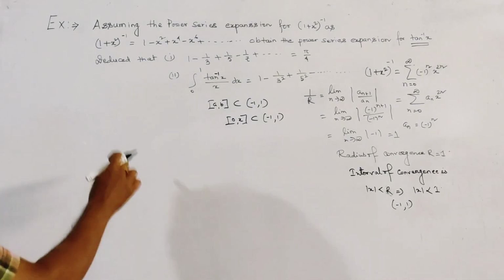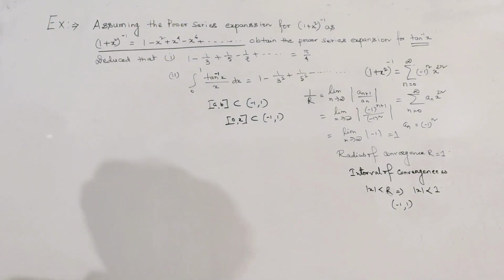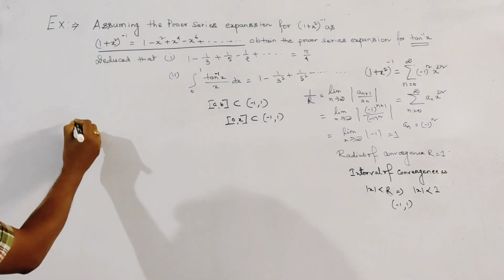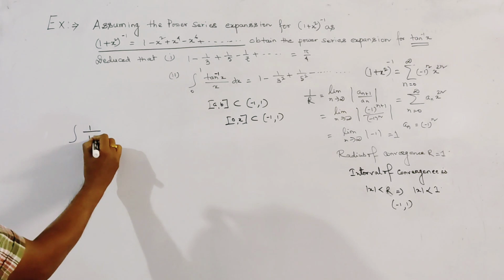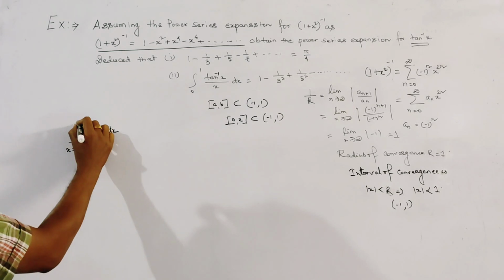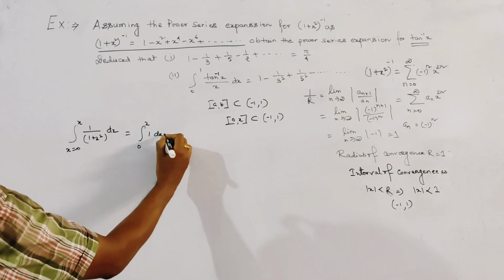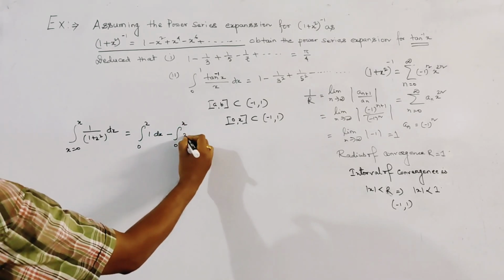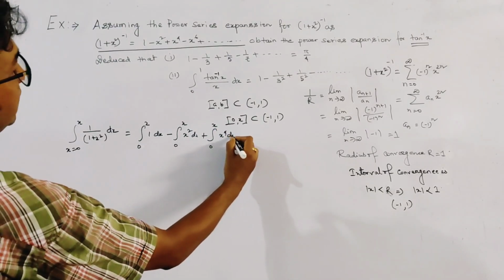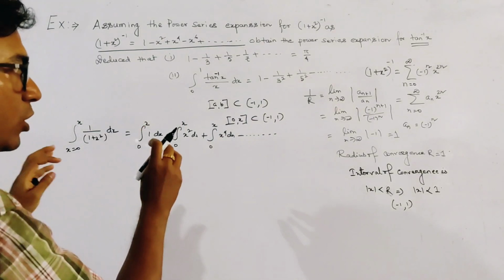Now we integrate both sides in the interval 0 to x term by term, getting integration of 1 by 1 plus x square dx from 0 to x on the left, and on the right integration 0 to x 1 dx minus integration 0 to x x square dx plus integration 0 to x x to the power 4 dx minus and so on.